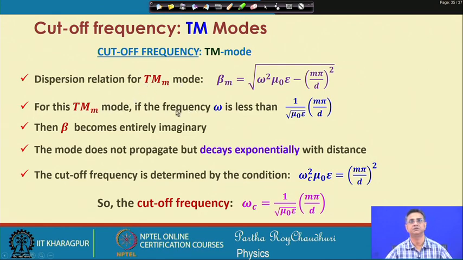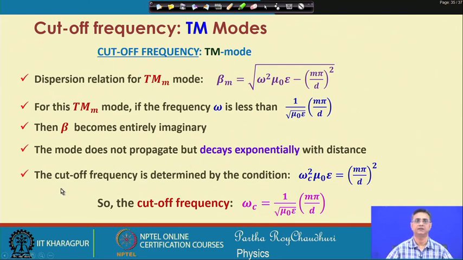all integral values. If the frequency omega is again less than this, then this quantity becomes imaginary in the same way, and the wave decays exponentially with the distance, and you know that an imaginary quantity in the exponent with the oscillatory function will give you an exponentially decaying field, and as a result this mode will not be able to propagate.